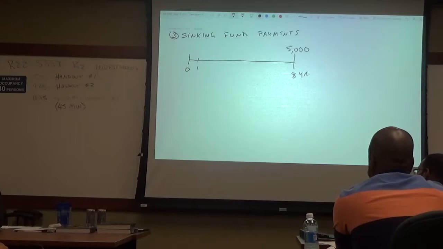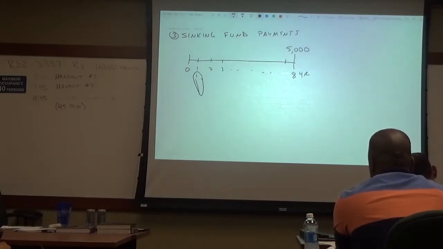So 1, 2, 3, all the way up to 8 years. What is the dollar amount of that payment? It's going to be a negative. Would we have to set aside?